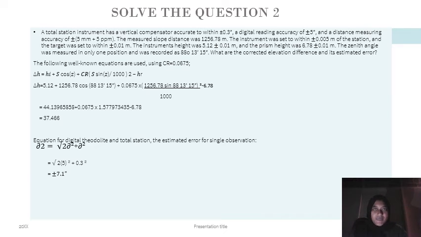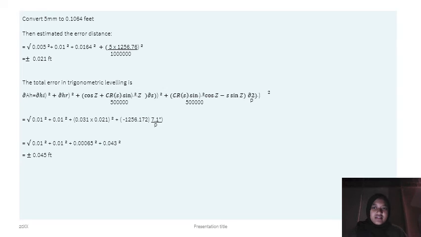Okay, for the equation for the digital reading of the total station, the estimated error for a single observation is sigma equal to the square root of derivative squared plus derivative squared, and the answer is plus minus 7.1 seconds. The next step is convert 5 mm to 0.0164 feet.